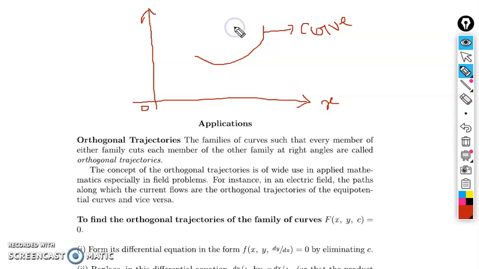Our goal is to find another curve which cuts the given curve at a 90-degree angle.